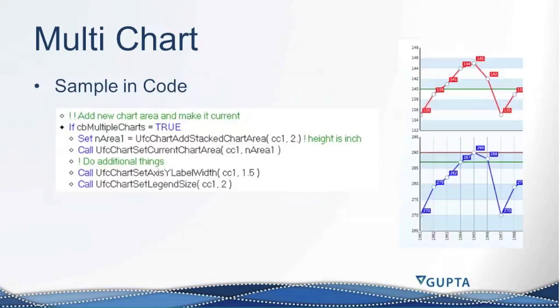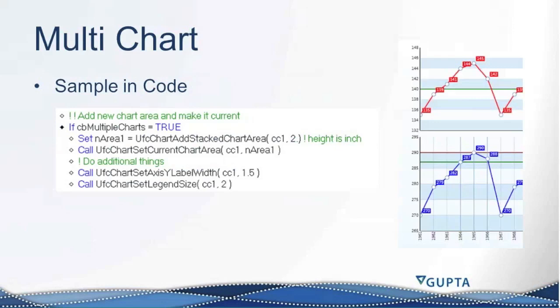So this is a code snippet. Like I want to have multiple charts. So I define a new area 1, use the chart add stacked area with a height of 2 inches. Then I make it current with the set current chart area. I pass as the second parameter the new ID of this area.